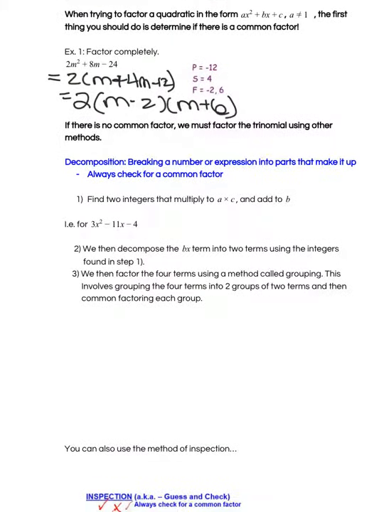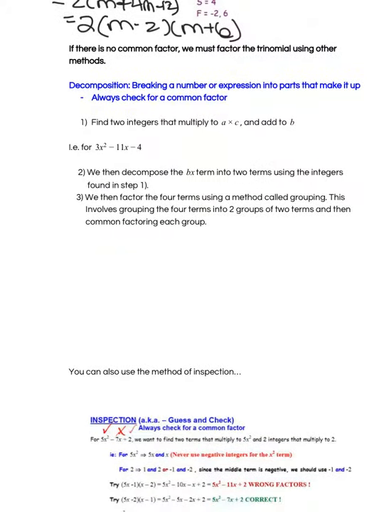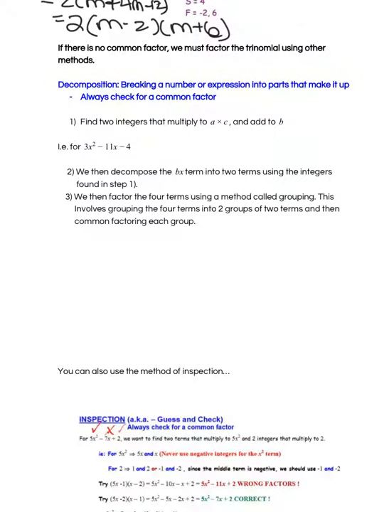So if there isn't a common factor, though, then we need to use a different method. One of them is called decomposition. And that means we're going to break our number into parts, and we are going to always look for a common factor first. But when we do this method, essentially what we're doing is we're taking our a value and timesing it by our c value. And that together is going to make our product, our p.